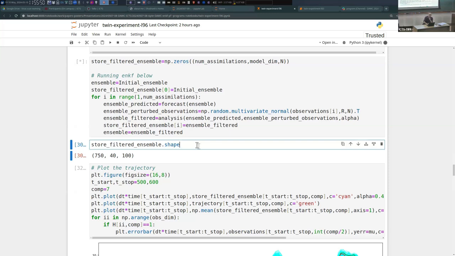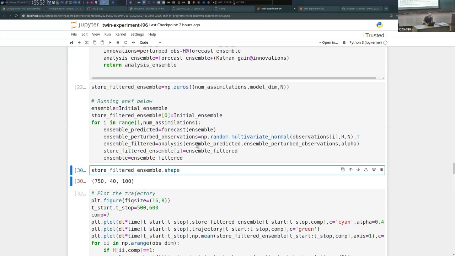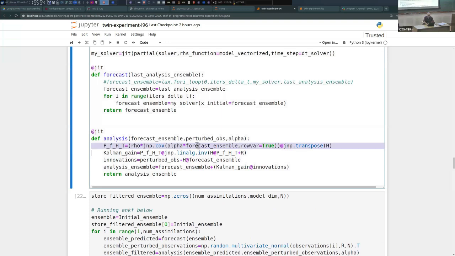While it's running, here is the exercise. This bit of code here was a literal translation of the equations over there, right? It's just looking at each piece and computing the whole thing as is.